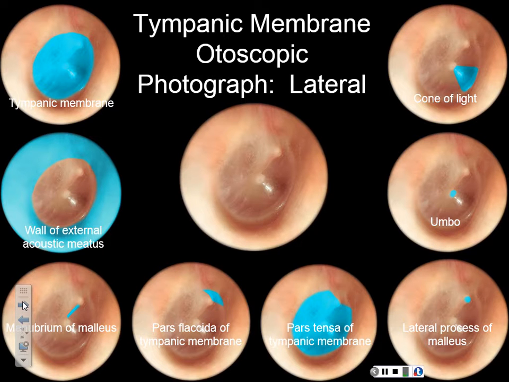It's all connected because of that. But the auditory tube is important so that you can equalize the pressure. Again, this shows you what an otoscopic photograph looks like when you are looking down the ear of some kid or adult.